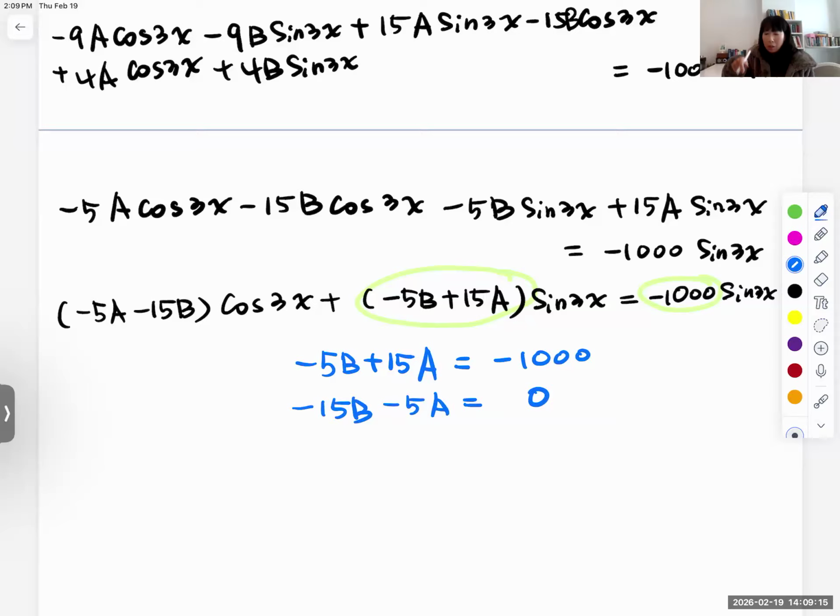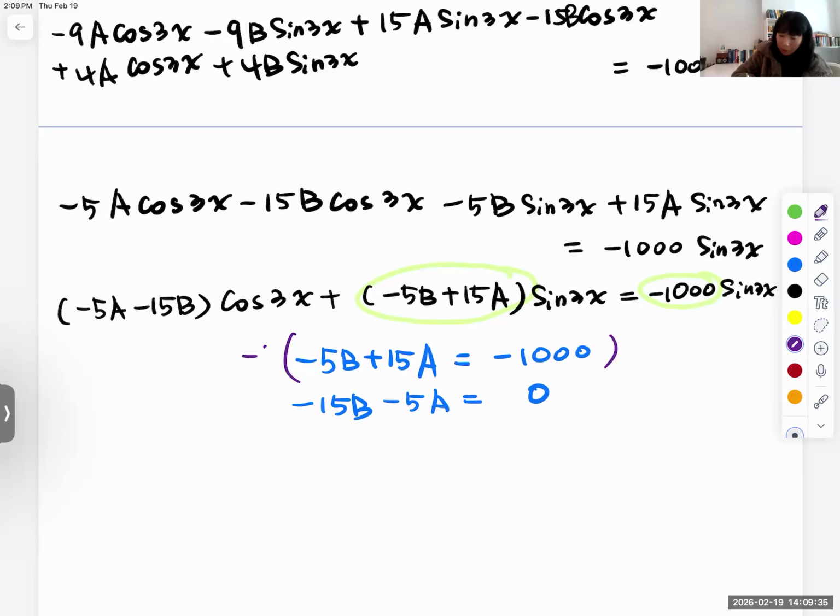Now then, it's up to you. What do you want to get rid of, right? Let us do times negative 3. Then we get positive 15b, negative 15a equal to positive 3000, right?